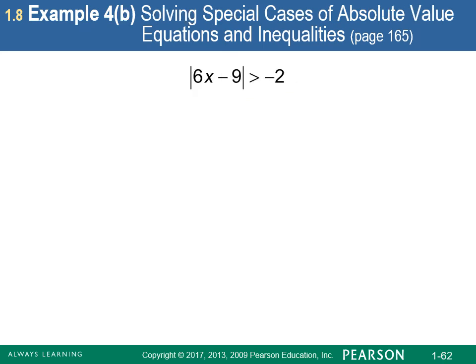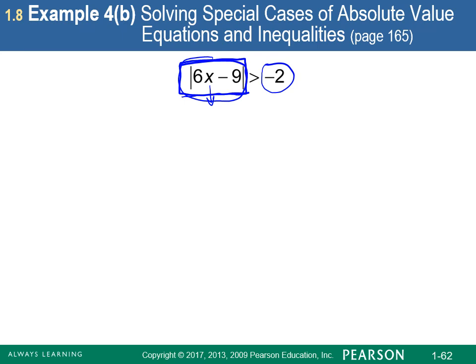Now, using similar reasoning to the previous problem, notice here we have a -2. The only way for 6x minus 9 within absolute value bars to come out is to come out positive. So the question is, well, what numbers can you put here so that this positive number is greater than -2?